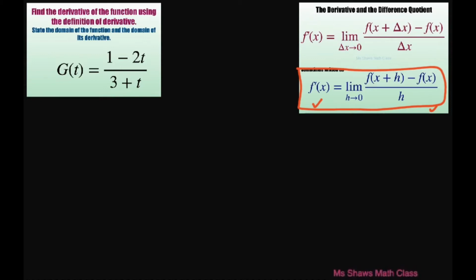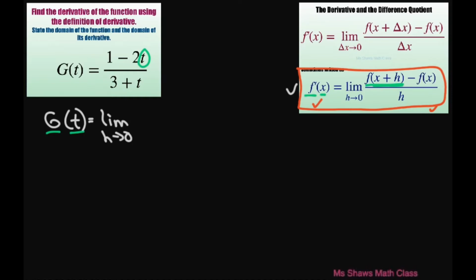So let's look and see. Following this definition, we're going to have g prime of t equals the limit as h approaches 0. Now in this case, this is f and x, we're using g and t. So for our t, we're going to write t plus h instead of x.